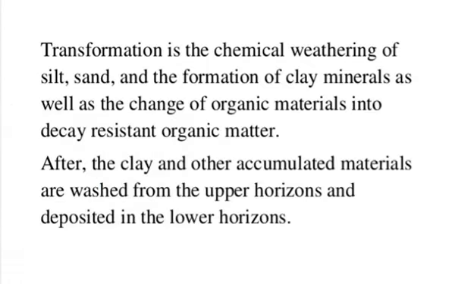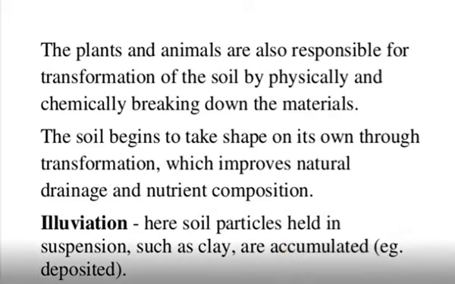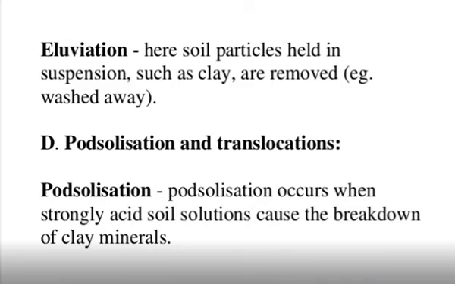Here soil particles in suspension such as clay are deposited from the soil horizon above to the soil horizon below. Illuviation here also means translocation of iron and aluminum oxide which is removed from the A horizon to the B horizon.